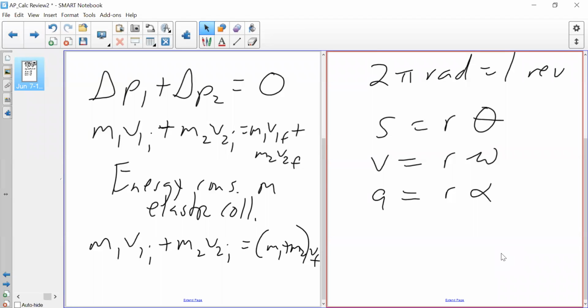Then the rotational kinematics. All of the linear stuff becomes rotational analogs. Linear kinetic energy becomes rotational kinetic energy. There is no rotational potential energy. It makes sense; you're not rotating. Potential energy is a function one to one of height. And we go from mass to what we call a moment of inertia.